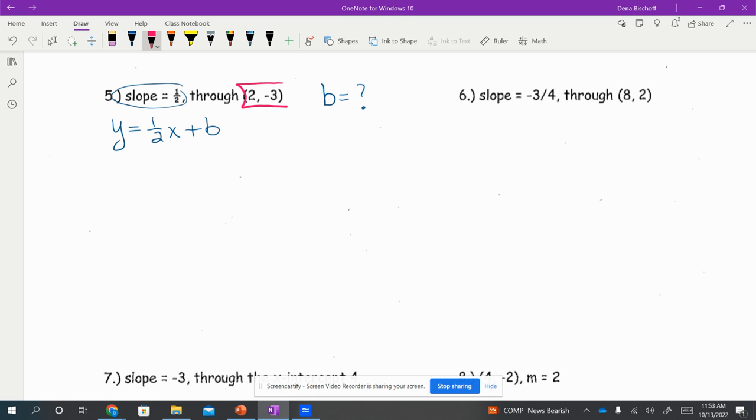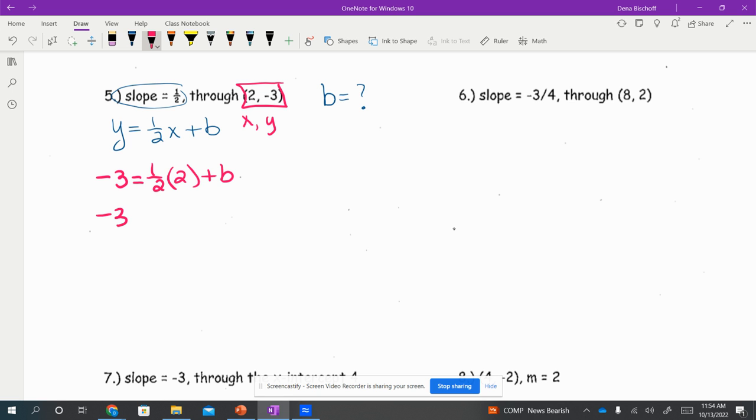Look at this ordered pair right here. Remember that this is the x and this is the y coordinate. So what am I letting y equal? Yeah, so -3 equals 1/2 times, what is the value of x, Naya? Perfect, plus b.